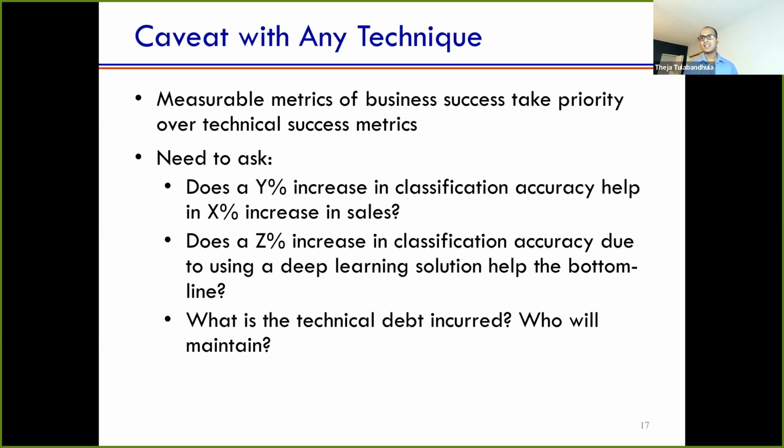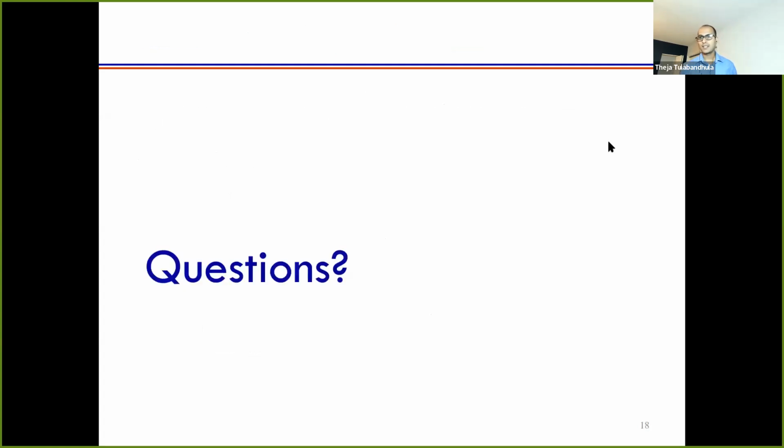It's a balancing act to make, but it's something to think about, because there's a lot of hype with any new technology, whether it's blockchains or whether it's deep learning and so on. But in a business context, you want to be nuanced about these things. Any questions so far?